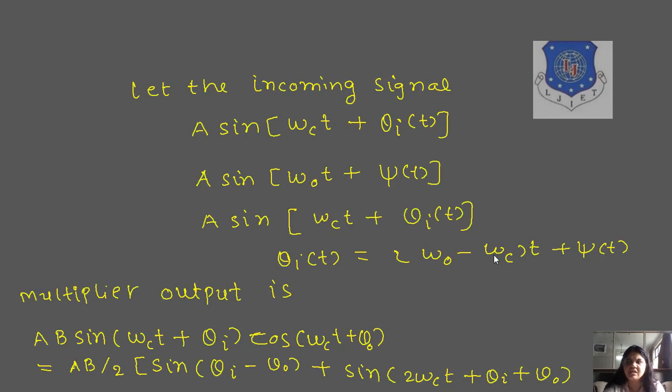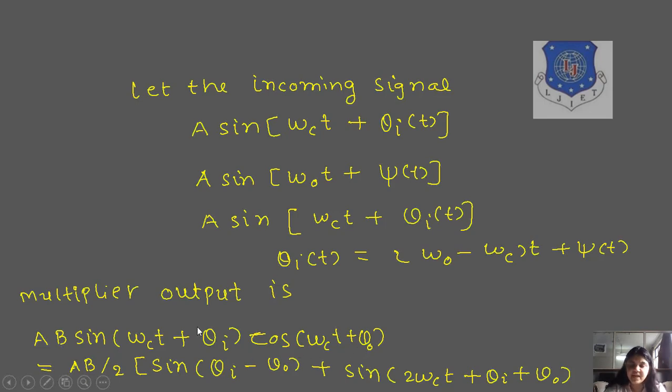This input signal is applied to the multiplier, and the multiplier has two inputs: one from the input signal and another from the VCO. So the multiplier output is AB sin(omega c t plus theta i) cos(omega c t plus theta 0).